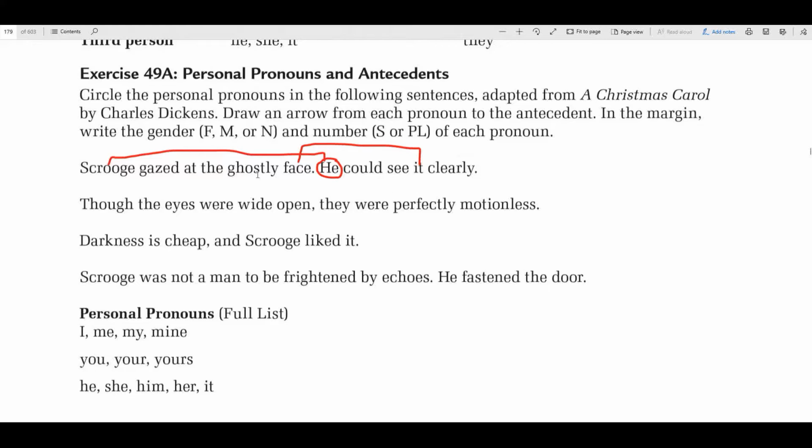All right, so he would be masculine, and it would be singular. It would be neutral, and it would be singular. Okay? Alright, so pause it while you do the rest of these three sentences.